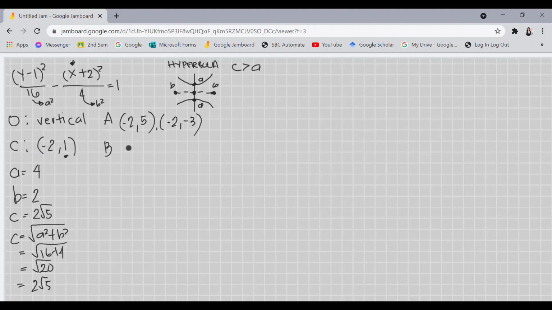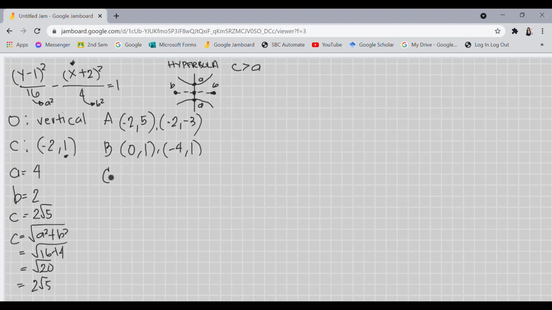So from (−2, 1), we have −2 plus 2, which is equal to 0, and we copy the same y-coordinate. For the left side, −2 minus 2 gives us (−4, 1). So from (−2, 1), go to the right side, add 2, and we get 0, −2 plus 2. Then go to the left side, subtract, −2 minus 2 is −4. Copy only the y-coordinate.